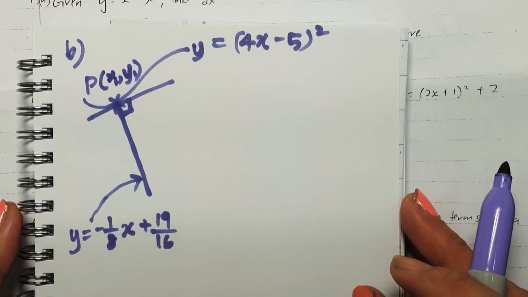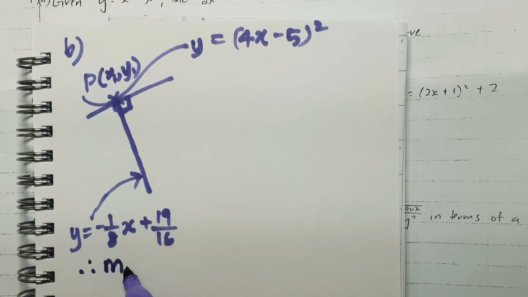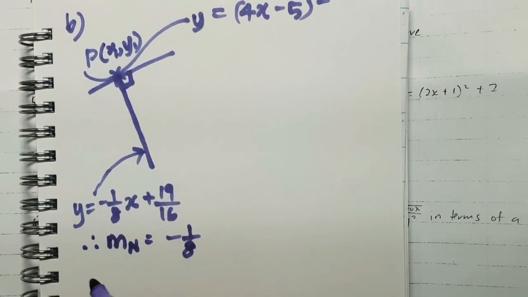Let's look at the information in hand. We have the equation of the normal, which is already in gradient form. So we know the gradient of the normal is negative 1 over 8. Therefore, the gradient of the tangent will be positive, and if this is 1 over 8, this will be 8.